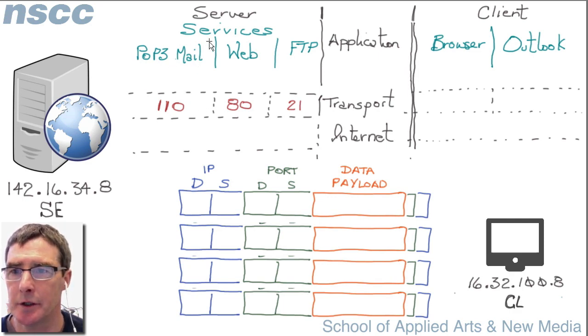Once an application on the server starts up, so a POP3 mail service starts, it registers its ports with some of the software on the TCP stack, and we say that port 110 is now open.